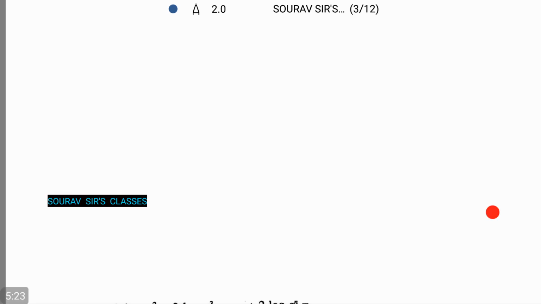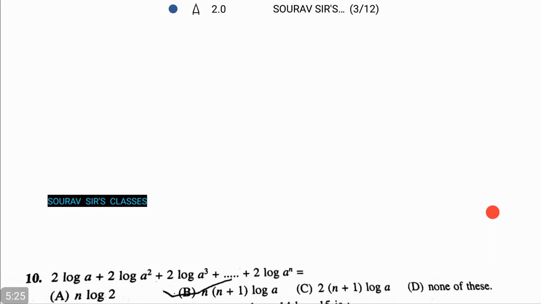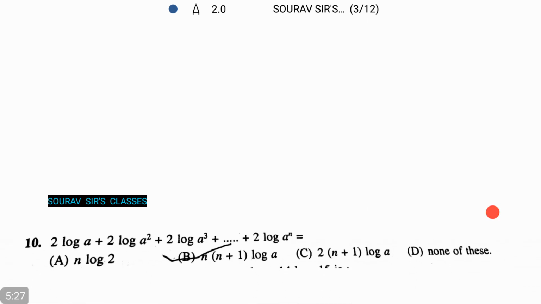So what we have here is 2 into log a plus 2 into log a squared plus 2 into log a cube plus dot dot dot 2 into log a to the n. Now we note that this expression forms a type of series or a sequence, if you're being technical.